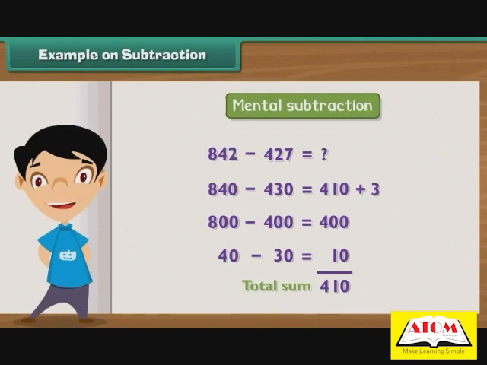So, we add 3 to the difference. We left out 2 when we subtracted 430 from 840 and not 842. So we add 2 more to the difference. Thus, the result of subtracting 427 from 842 is 415.